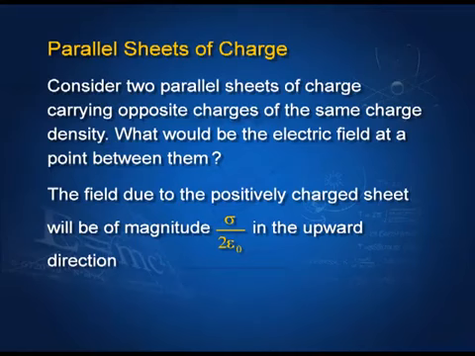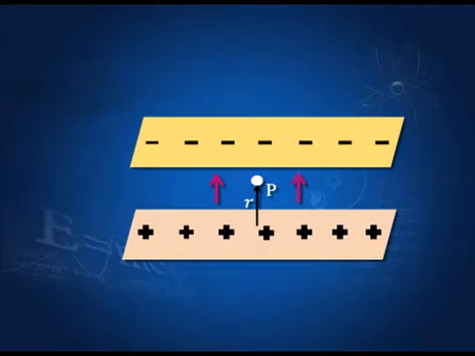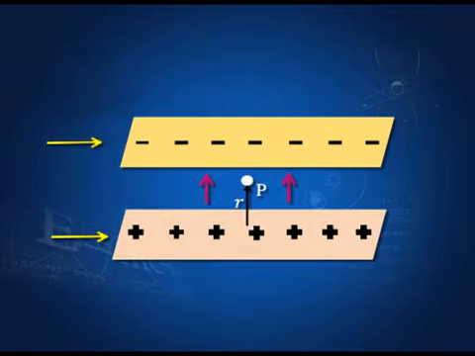If we have parallel sheets of charge, say positive sheet and then negative sheet, then what will happen? This is the positive sheet, it has field going away from it on both sides, but if we consider a point inside these two sheets, then the field of the positive charge is pointing upwards. The field of the negative charge is also pointing upwards, as it is pointing towards the sheet.